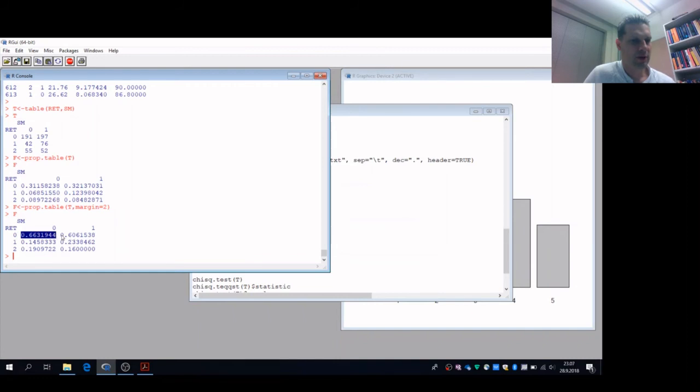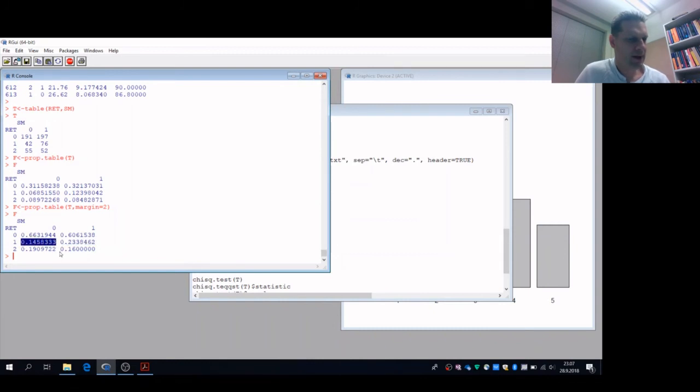For example, 66% of persons who are not smoking are classified as not having any severe problems with the eyes related to this retinopathy, and in the case of smokers it is even smaller. Well, if it's smaller, then it has to be higher in some categories, and it's especially higher in this category compared to this one.